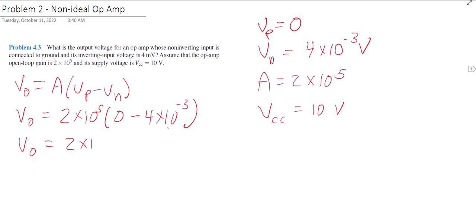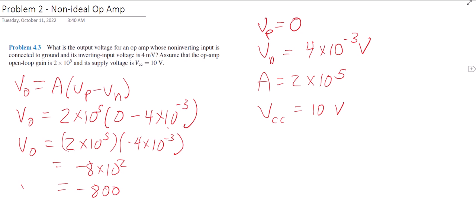VO equals 2 times 10 to the 5th times negative 4 times 10 to the negative 3rd, which is negative 8 times 10 squared, negative 800.